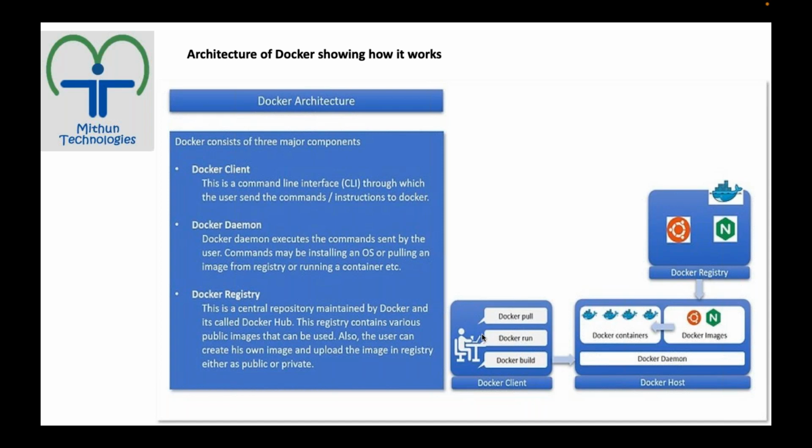As a developer or DevOps engineer or Jenkins process, if I want to interact with Docker, I can use Docker CLI, the Docker client, so that I can interact with the Docker daemon. Yes. So using Docker client, we can send commands or instructions to Docker.